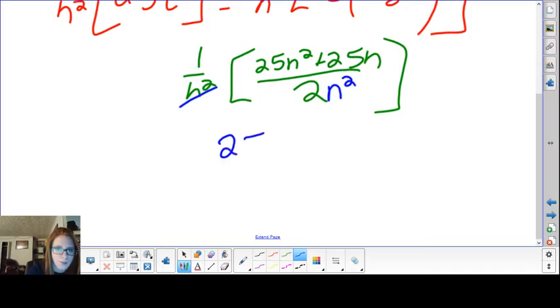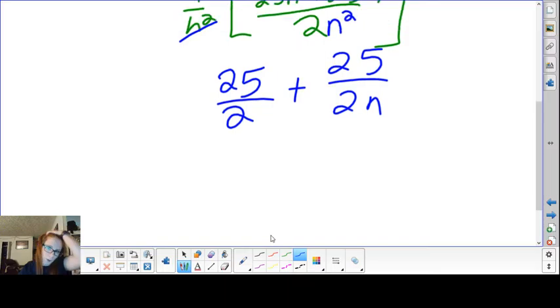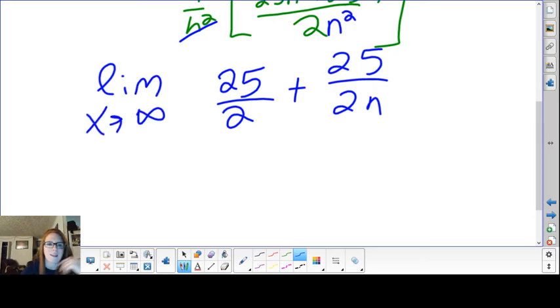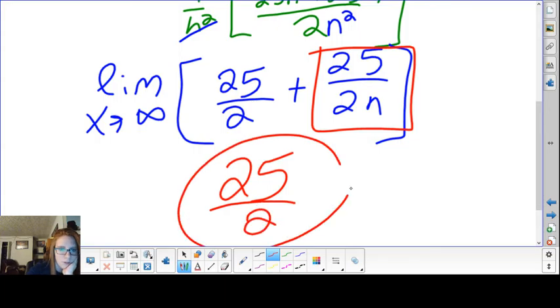Which gives me 25 over 2 plus 25 over 2n. And at this point, I'm not plugging in numbers because I'm going to take the limit of this. And when I take the limit as n approaches infinity, it's like saying I throw the infinity in here. And when I do that, what happens to this term? It's like saying it goes to 0. So my answer here is just 25 over 2.